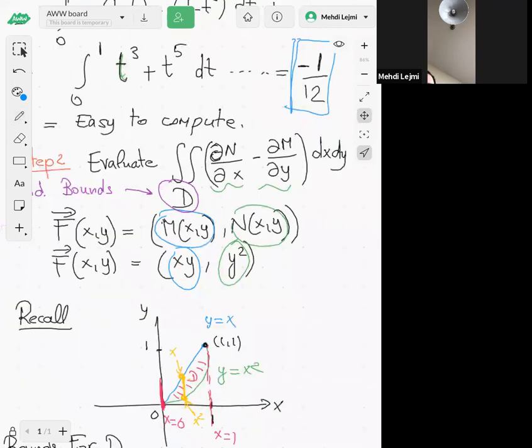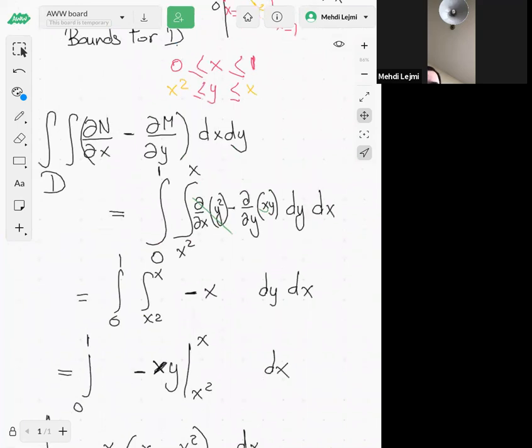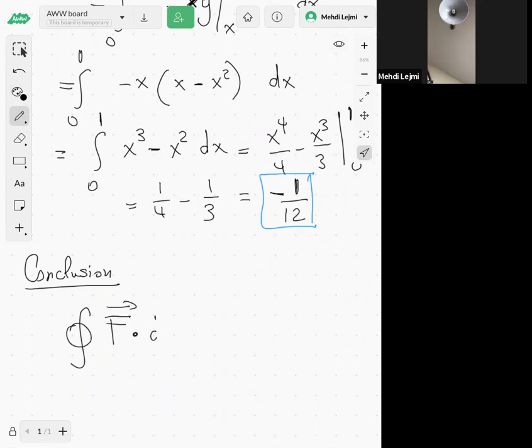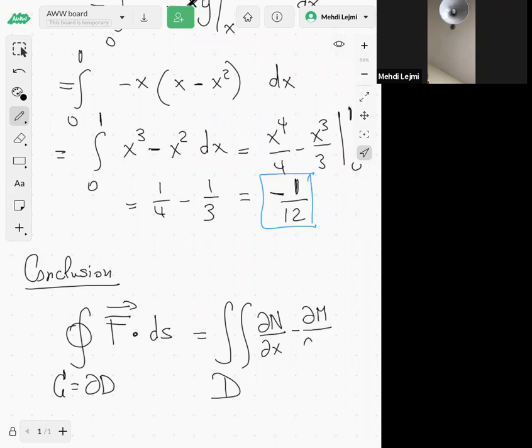And so the conclusion, of course, as expected, is that this vector line integral along the boundary of D is equal to this double integral over D of partial n, partial x, minus partial m, partial y, dx dy.